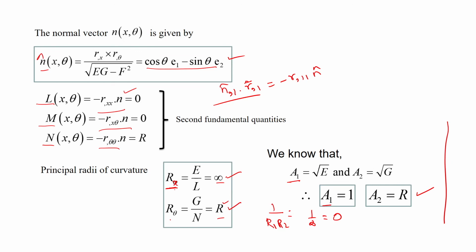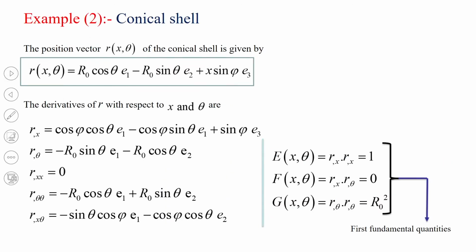and in the theta direction is r. In the same way, for the case of a conical shell the position vector changes slightly: instead of just x, now it becomes x sin phi, where phi is another angle.